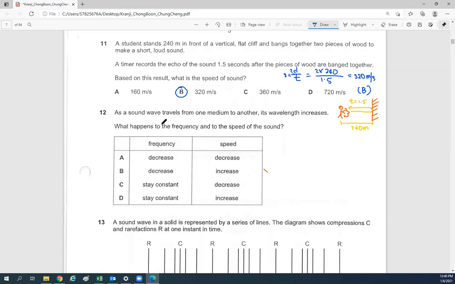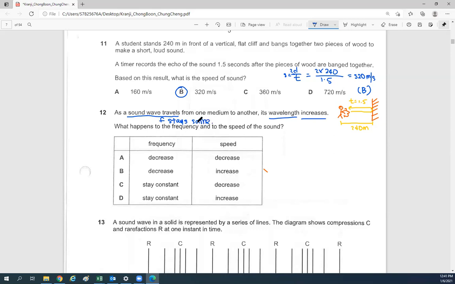Okay, next. A sound wave travels from one medium to another. Its wavelength increases. Now, as the sound wave travels, usually the frequency stays the same.